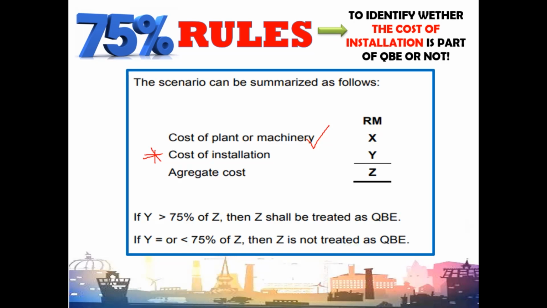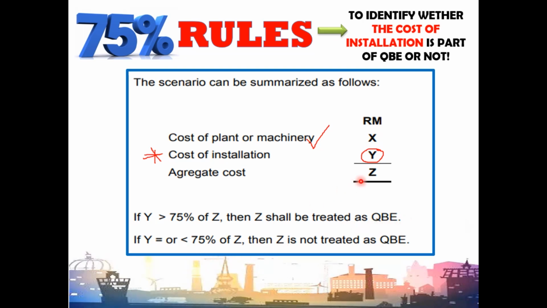Okay. So the formula is given as follows. If Y is more than 75%, then Z, the total of X and Y, will be treated as QBE.